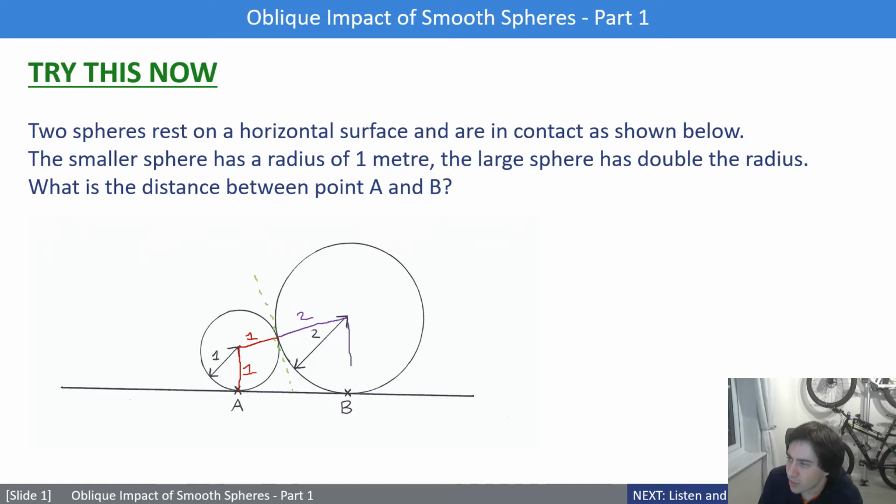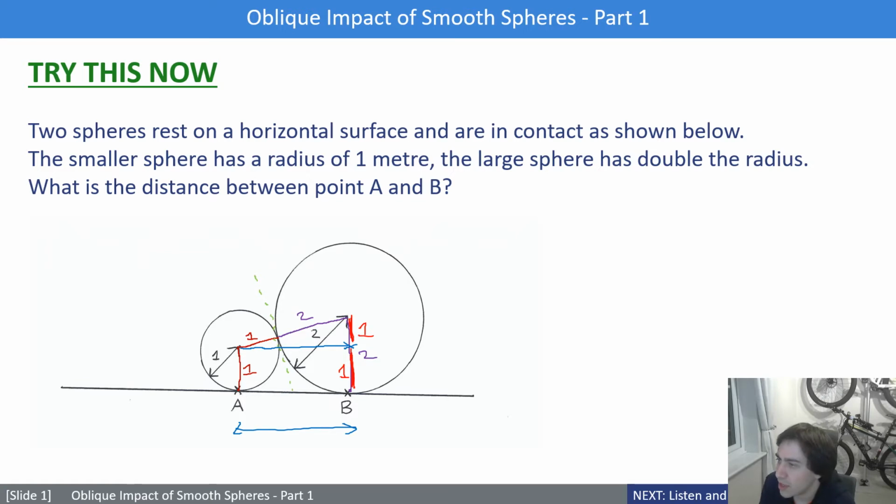And likewise, this purple line here is also length 2. And what we're interested in is this distance. But that horizontal blue distance there is exactly the same as this horizontal blue distance here. And conveniently, this part here in red is 1, which must mean if the whole thing is 2 vertically, this is also 1.